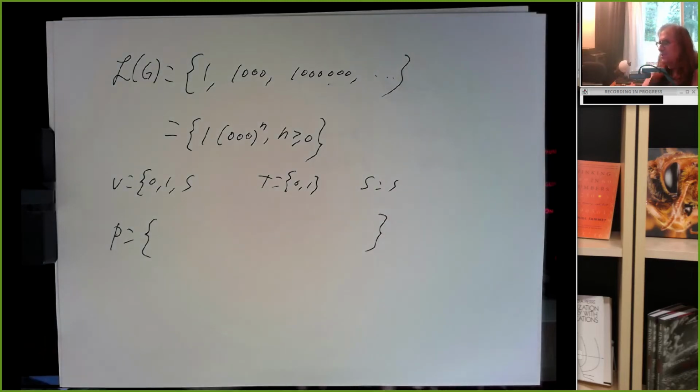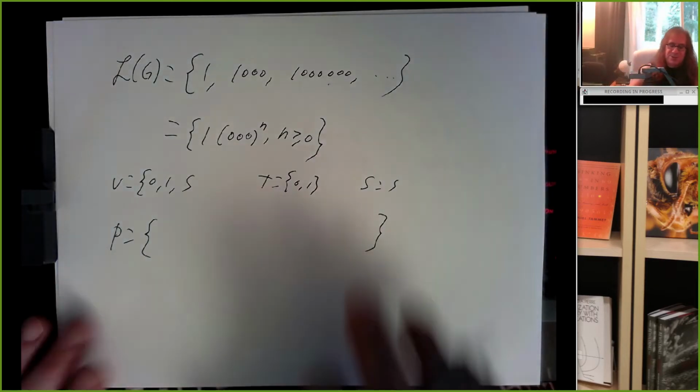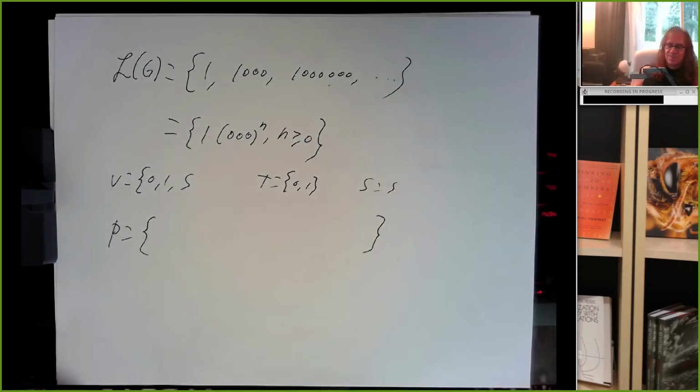Yeah, that would be a bit of a slick cheat, because these are really just strings. But we might use a phrase structure grammar to recognize powers of 10 where the power is a multiple of 3, for example.